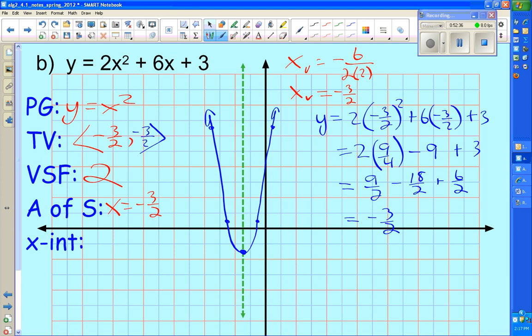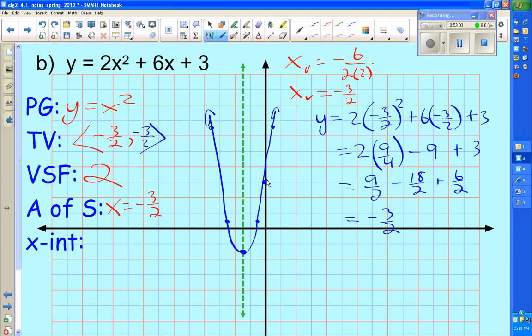The y-intercept will always be 0, c. So it's going to go through this point right here. Is that important, Bryce? No.